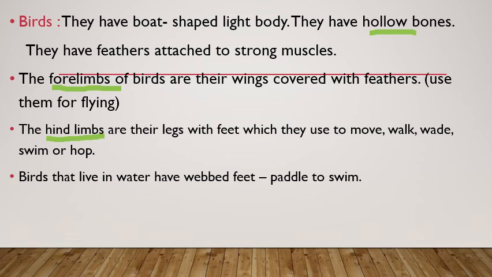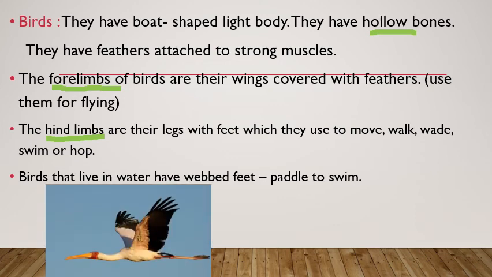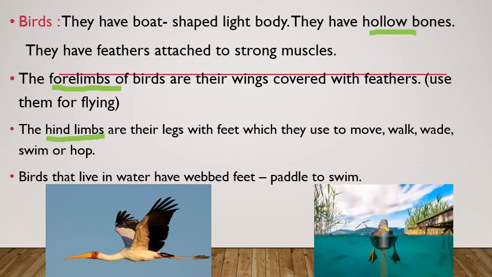Birds that live in water have webbed feet, paddle to swim. As you can see in the second picture, the duck has webbed feet which help them to swim. In the first picture, you can see the bird having very beautiful feathers which help them in flying. This is the locomotion in birds.